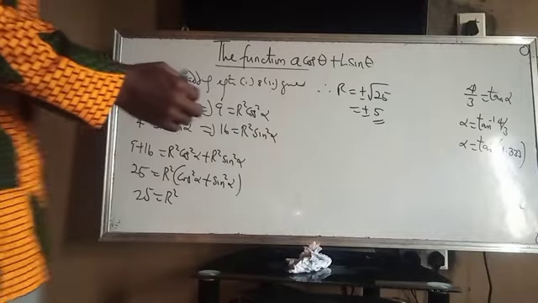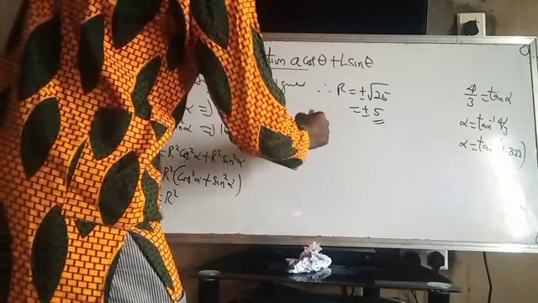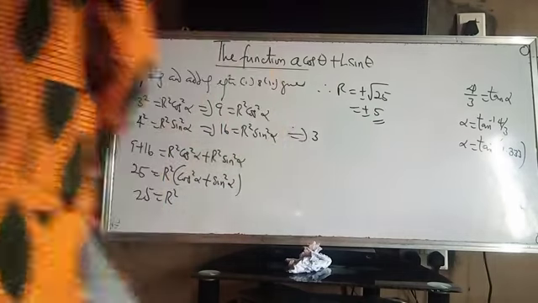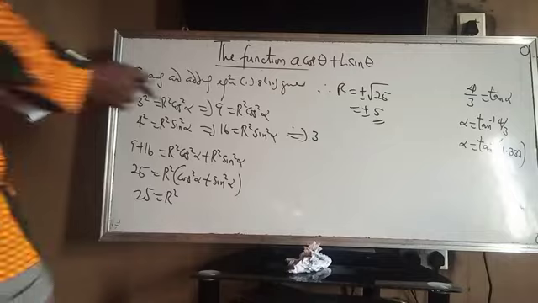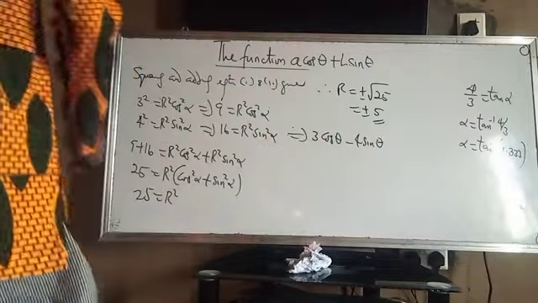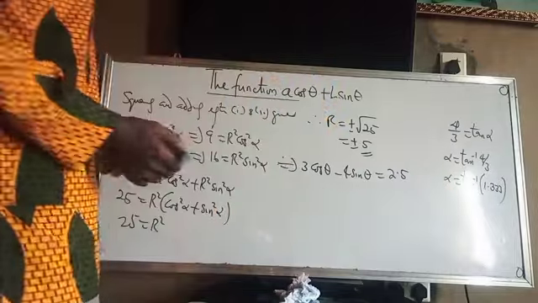Now, what's next? This now implies that the value given to us is the equation 3 cos theta minus 4 sine theta, which is equal to 2.5. Back to the initial problem given to us.